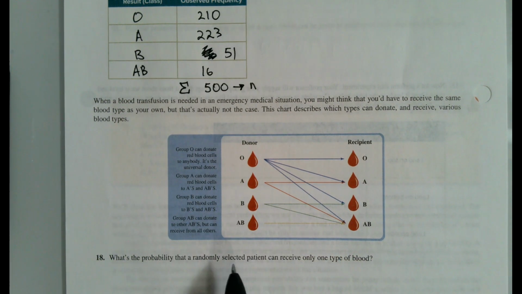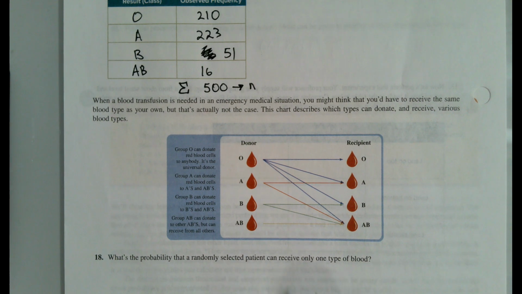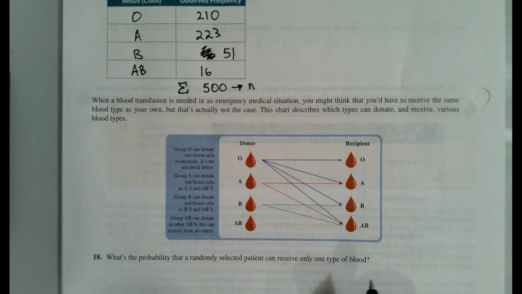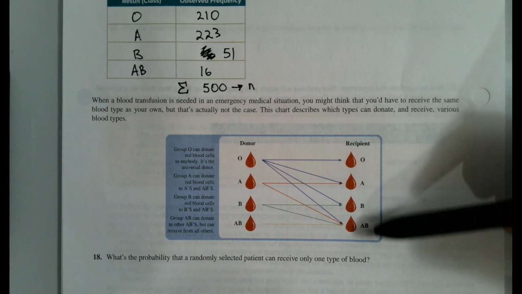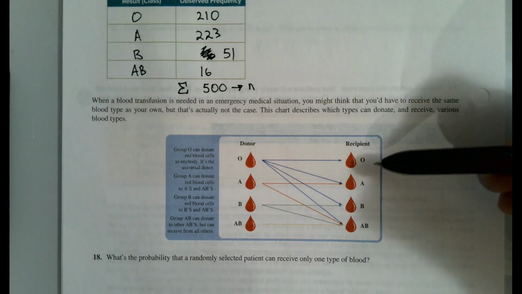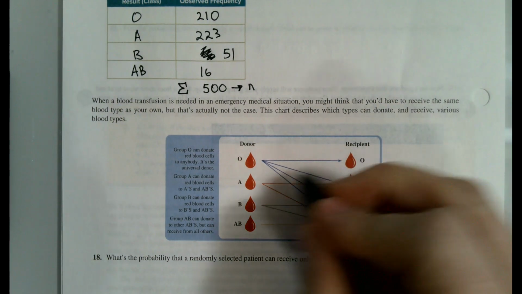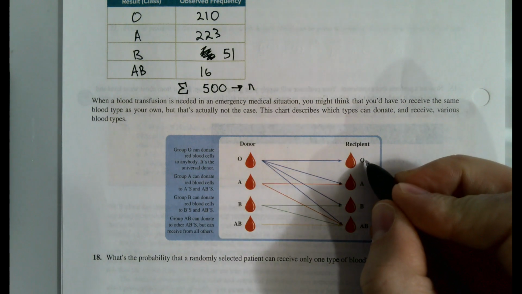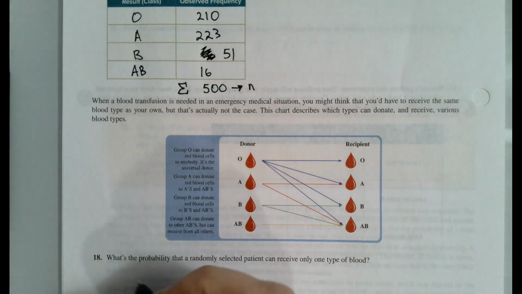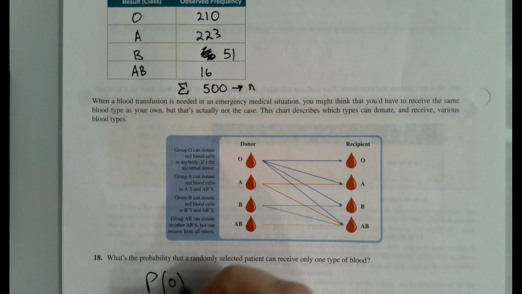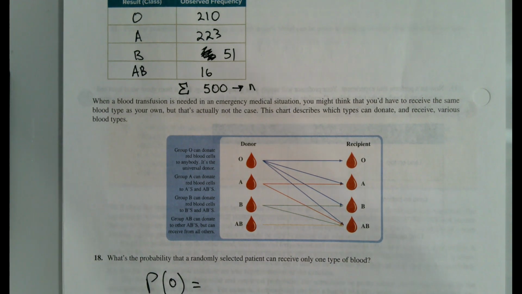So what's the probability that a randomly selected patient can receive only one type of blood? Well, let's look. Who can receive only one type of blood? It looks like type O patients have only one arrow going to it. They can receive only one type of blood. So we're calculating the probability of randomly selecting a type O patient.